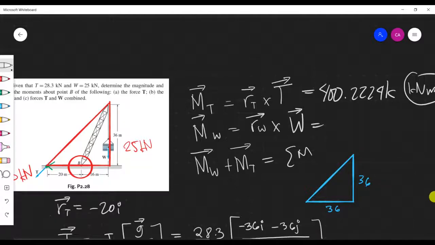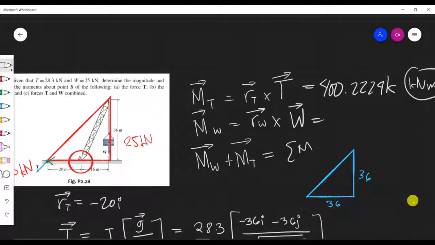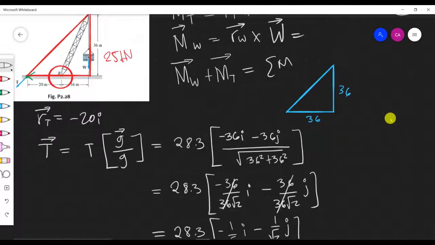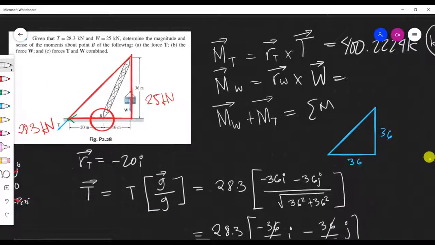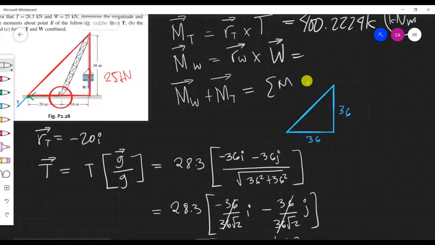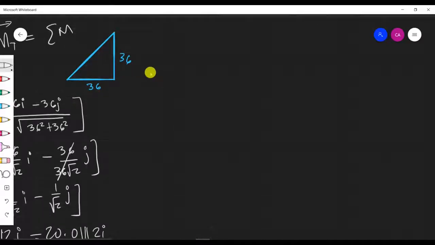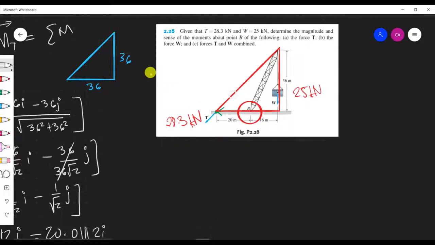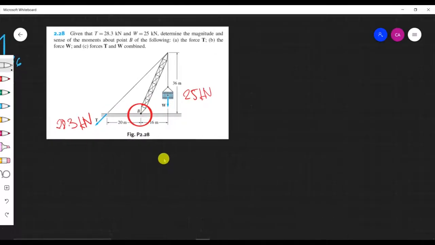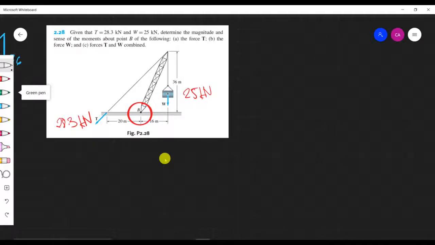Next is MW. Okay? So, sa MW, kokopyahin ko yung problem. Okay, MW naman tayo. So, sa MW, makikita naman natin na yung vector automatically pababa.